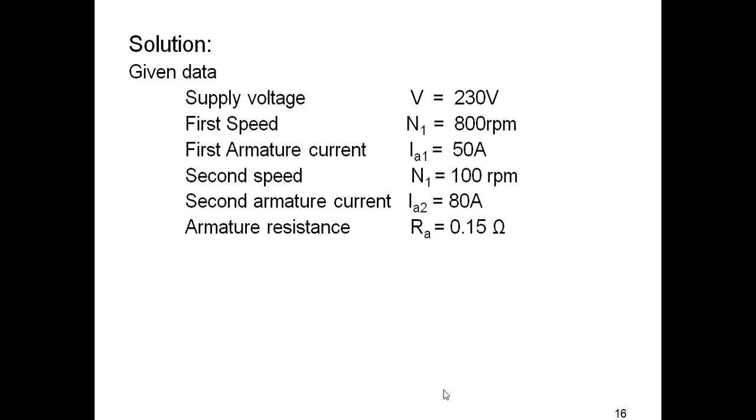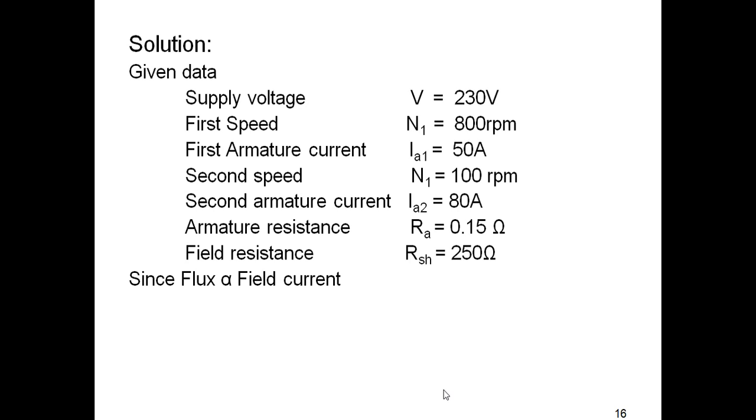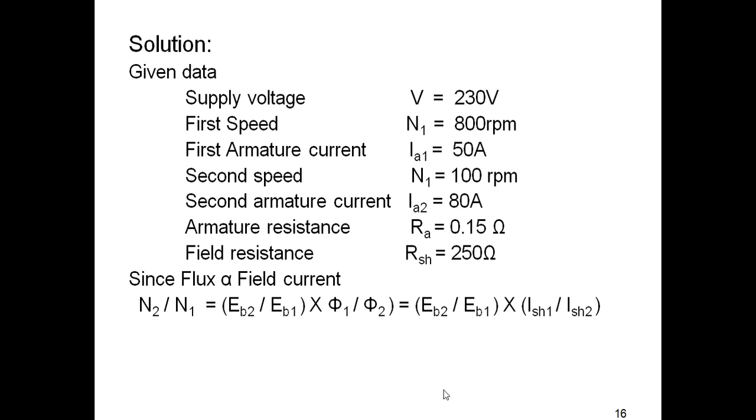and the armature resistance RA is given as 0.15 ohms, and the field resistance represented by RSH is equal to 250 ohms, and also given that the flux is directly proportional to the field current, and we know that the formula for back EMF EB is equal to PhiZNP by 60A.